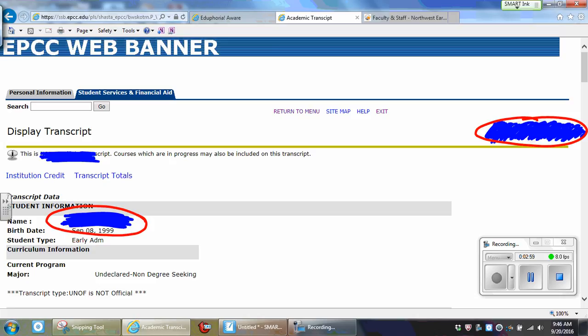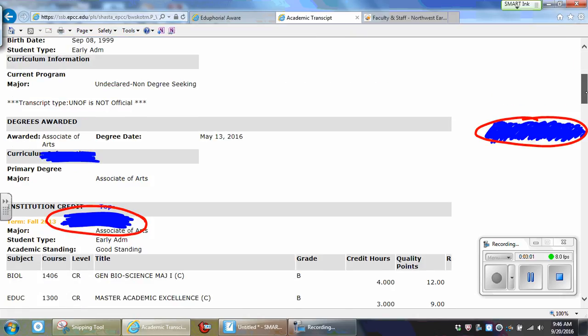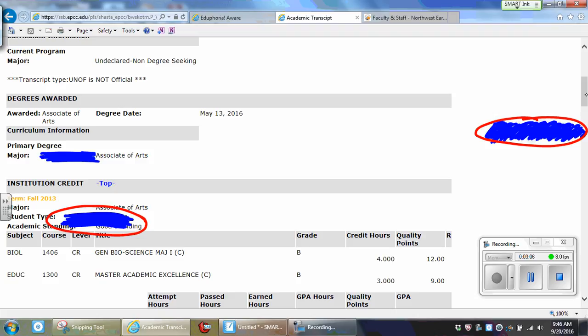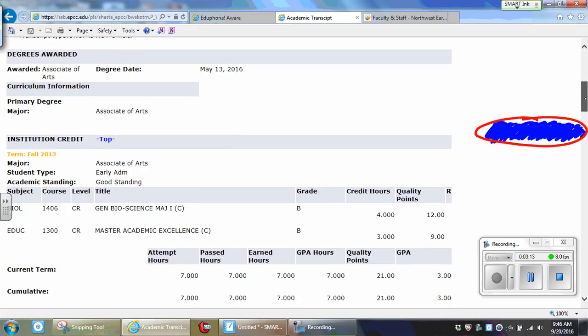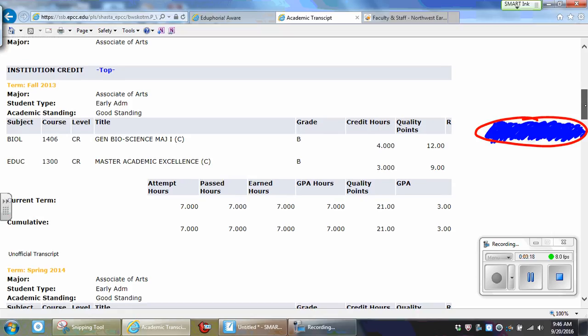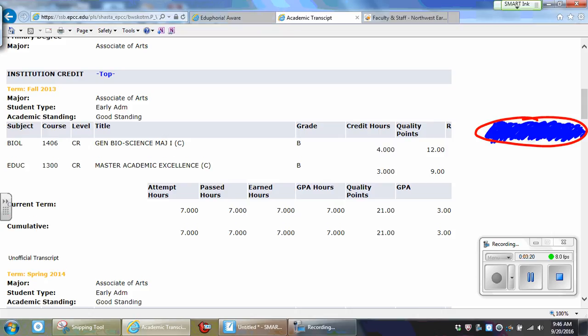Okay, so what we're going to do now is we're going to go to the grades. So let's see, if we take the first semester, for example, you can see that when the students started, biology used to be only one course. And you could see that the student had biology 1406 and 1300.